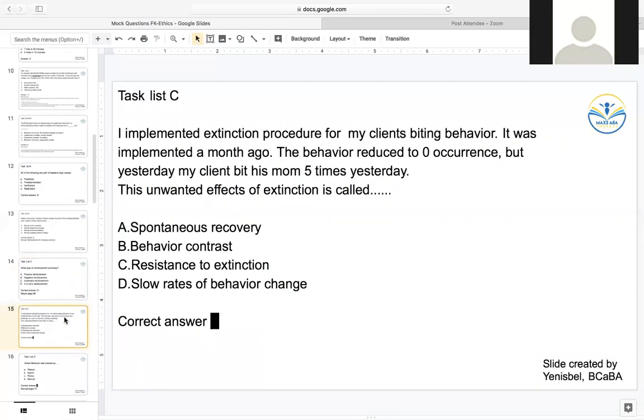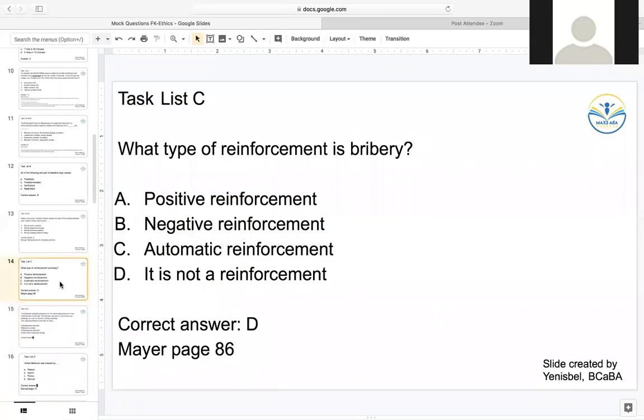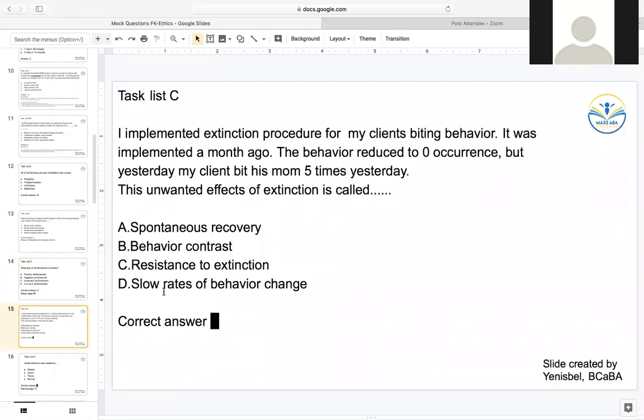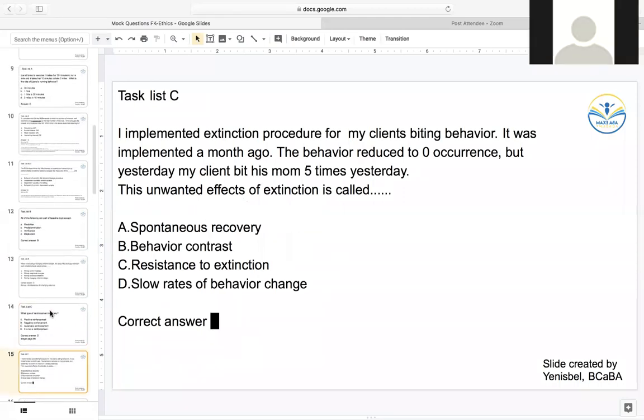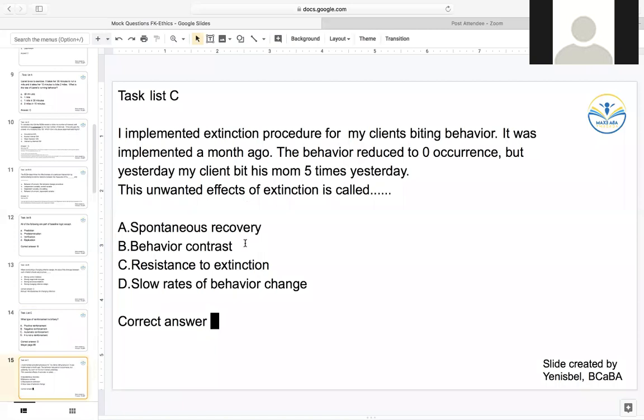It happens prior to the behavior, and it usually benefits the person offering the bribe. Yes, I think those are the two key things that they mention in Mayer. Thank you, Vanessa.